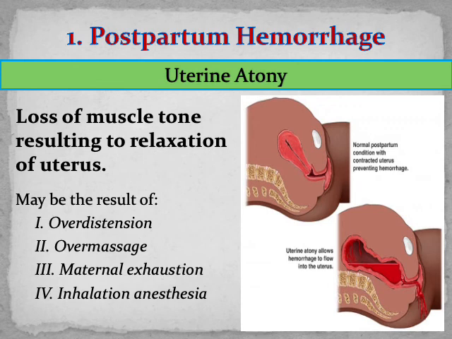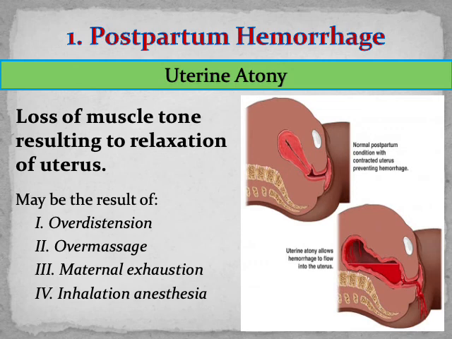And to make sure that it doesn't bleed excessively, uterus must remain contracted and prevent uterine atony. Now, what are the reasons or the causes of uterine atony? It could be because there is overdistension, meaning sobrang laki ng paglaki ng uterus ni mommy, probably because of a very big baby or multiple pregnancies. Over-massage, that's why we do not over-massage. Massage lang normally, as recommended during the active management of the third stage of labor.